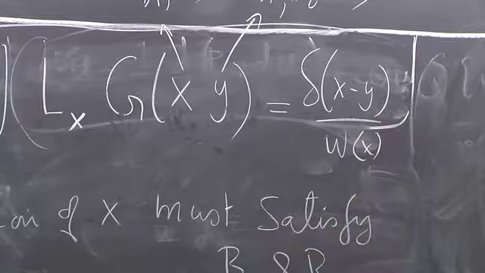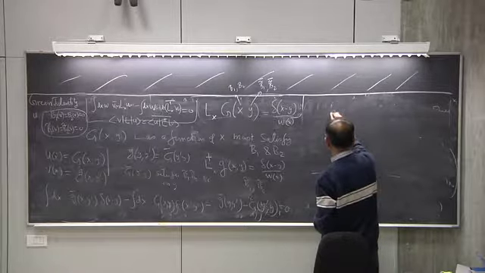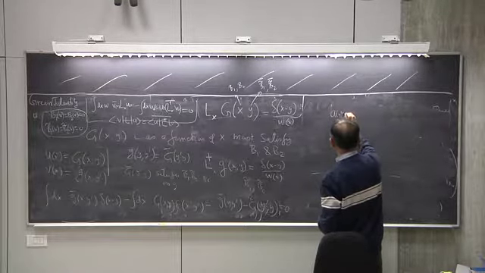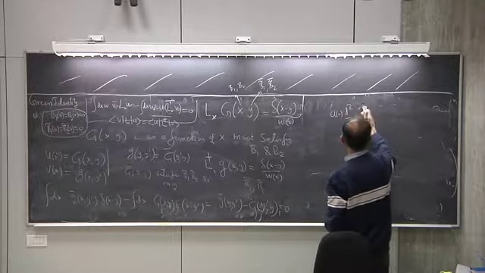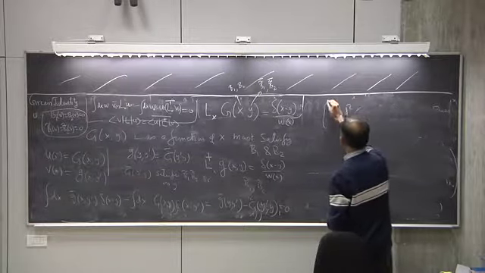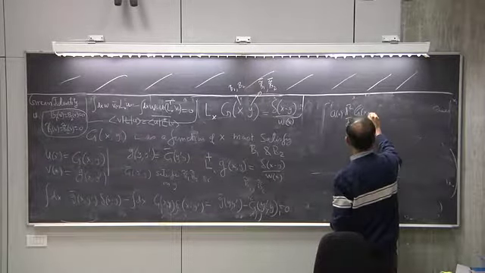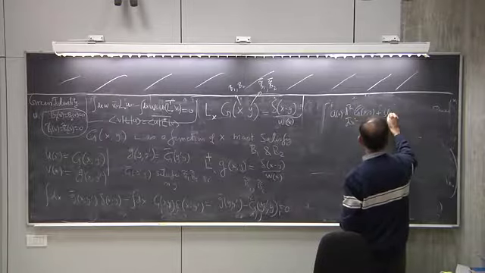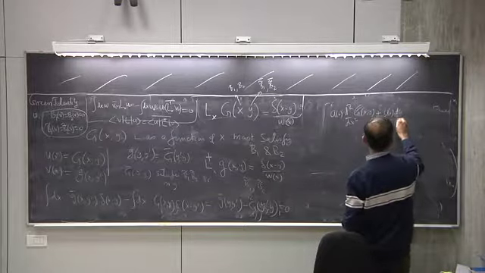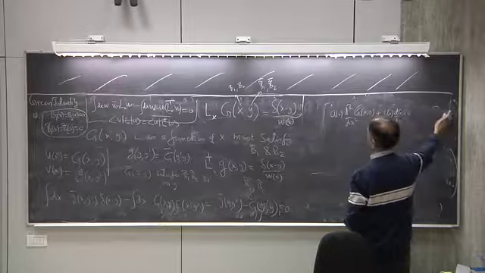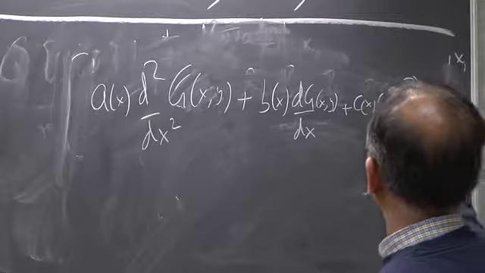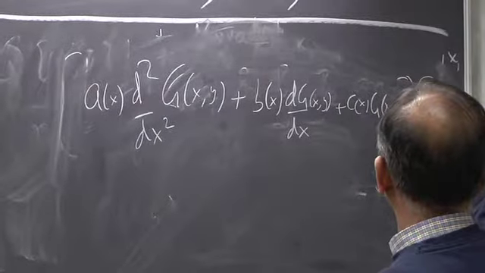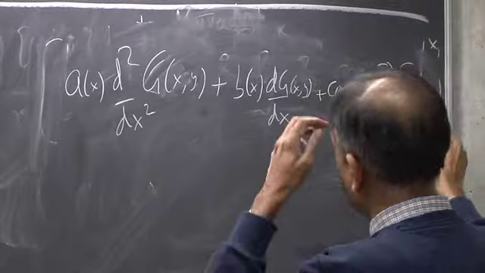However, let's look at the specific explicit form for the second order operator. You have a(x) d2 by dx2 g of xy plus b(x) dg by dx plus c(x) g of xy, and this is supposed to be equal to delta function x minus y over w(x).